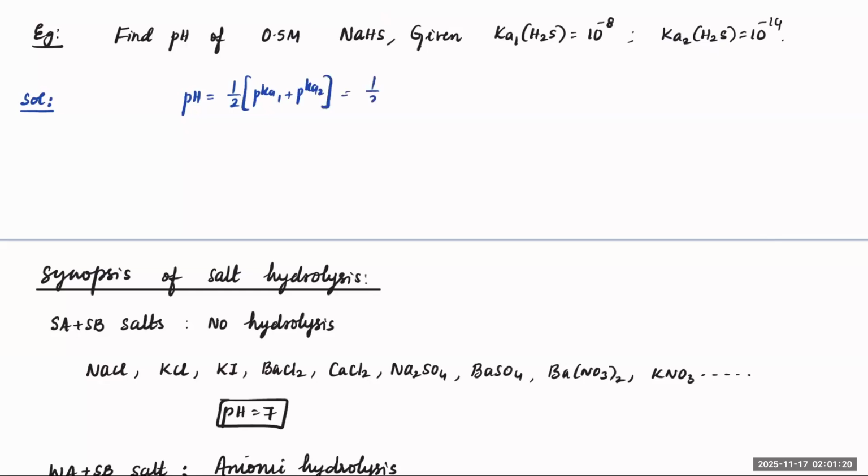So that is equal to half of 8 plus 14. Got it? That's all. We don't have to worry about the initial concentration given and all. Clear? So it is 22 by 2, and that is 11.